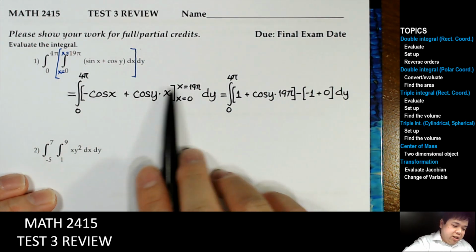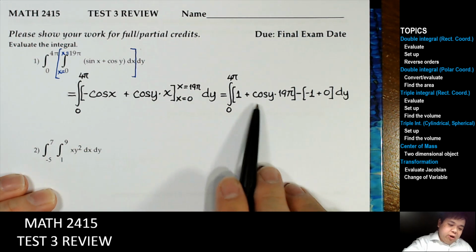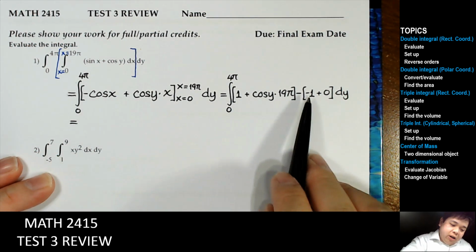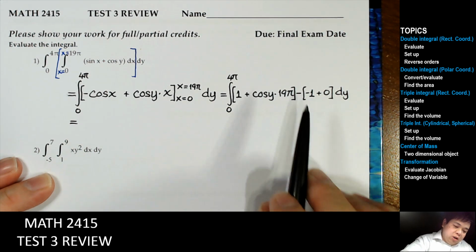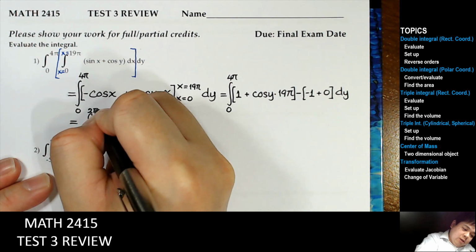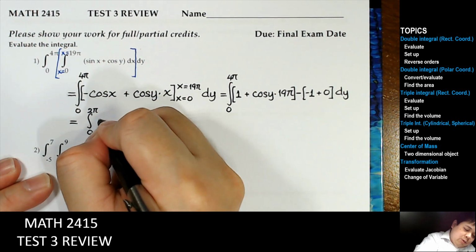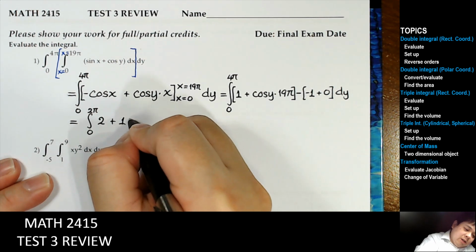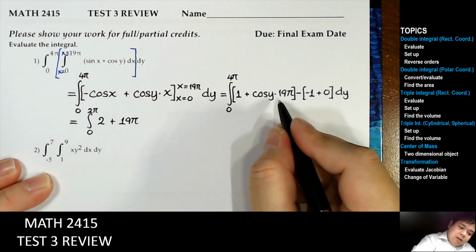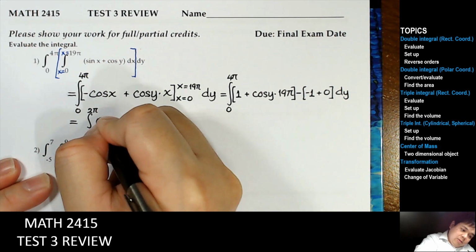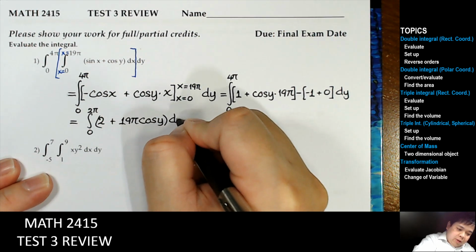So we put 19 pi for x, and then put 0 for x. That's why we subtract them. Next, 1 minus negative 1, so that is 2. So that gives us 2, and then 19 pi cosine of y dy.